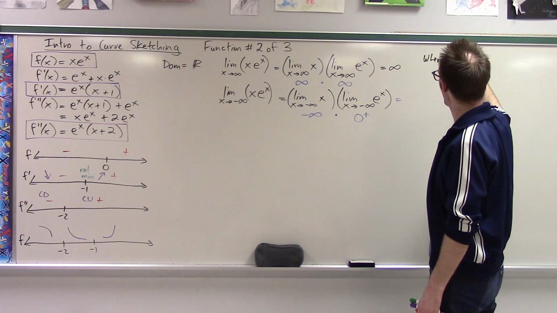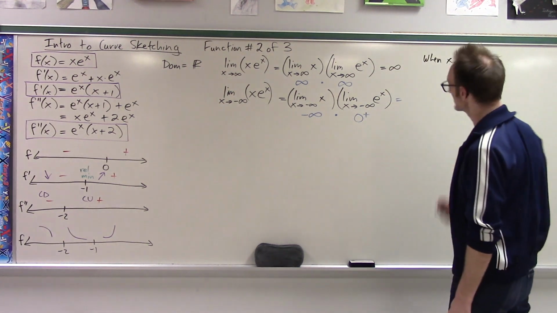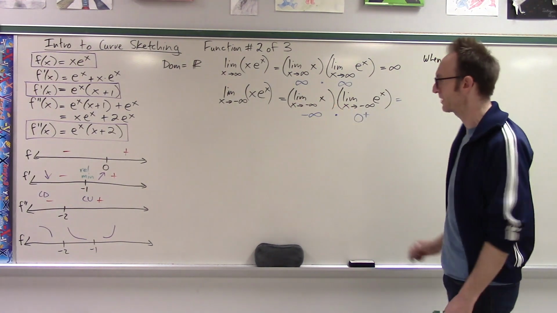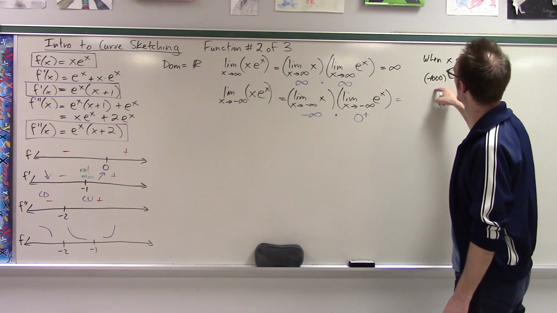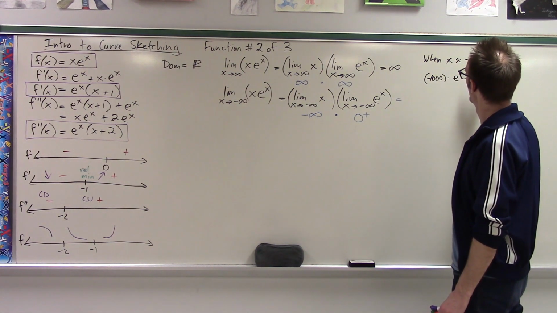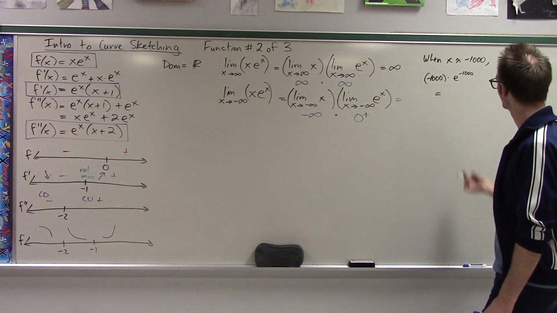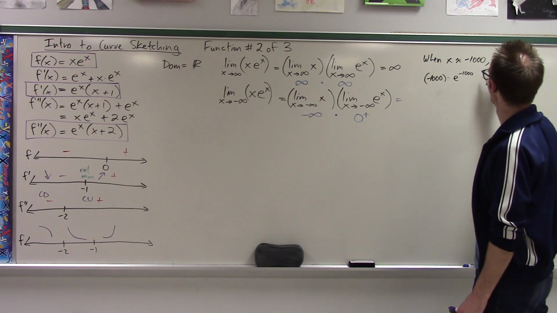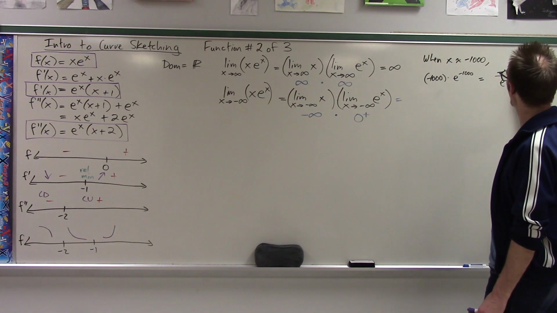So consider when x is negative 1,000. That's a pretty huge negative number. Well, when x is negative 1,000, this function is negative 1,000 times e to the negative 1,000. But when I consider this expression, it's pretty clear that this is like negative 1,000 over e to the 1,000.